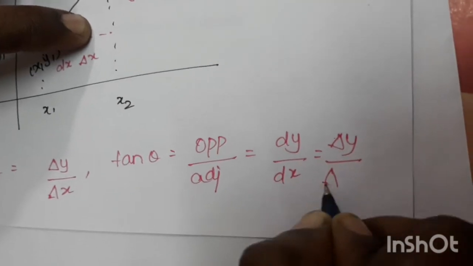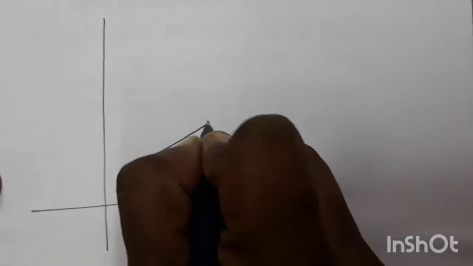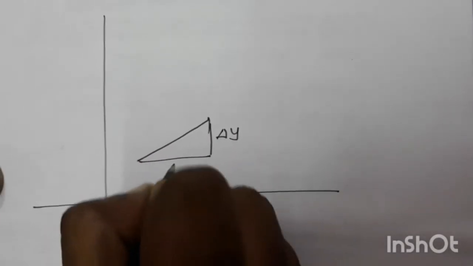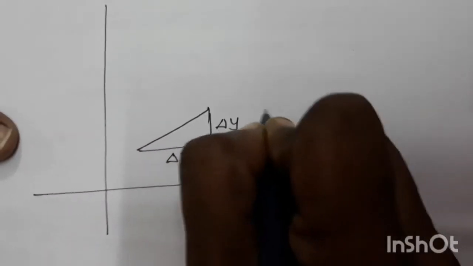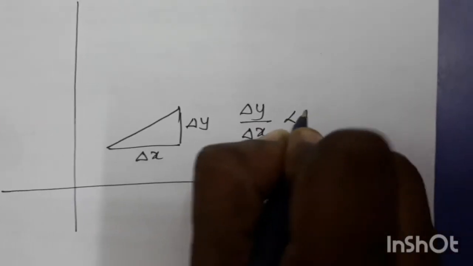In a coordinate system, if we have a line, let us consider here this line, the del y by del x, the slope is less than 1.